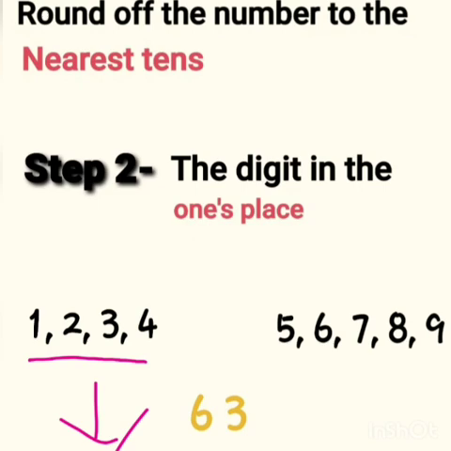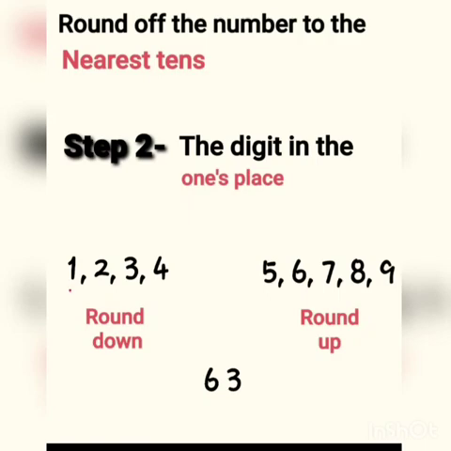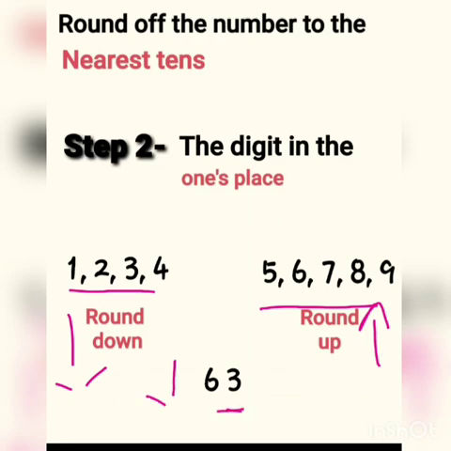And if the digit in ones place is 5, 6, 7, 8 and 9, then I need to round up. So for 1, 2, 3, 4 I round down, and for 5, 6, 7, 8 and 9 I round up. In this case I have 63, so I need to round down, right?